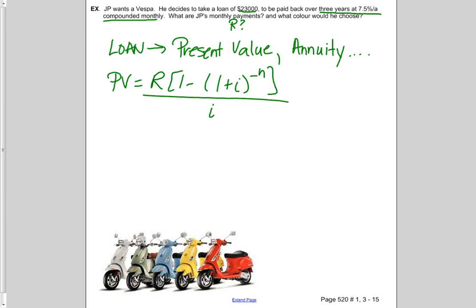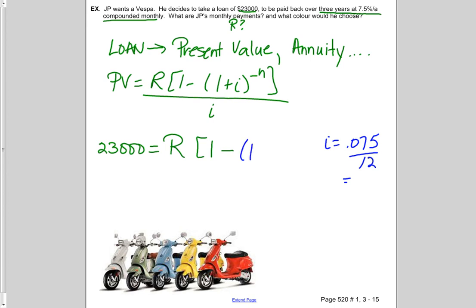So his loan is the $23,000. We want to know what his regular payment will be. His interest rate is 7.5% compounded monthly. So we need to either write off to the side 7.5% monthly and find that as a decimal, or insert it into the equation exactly as it is.